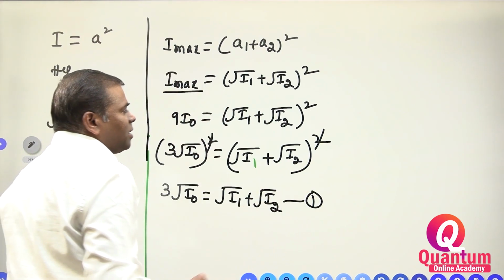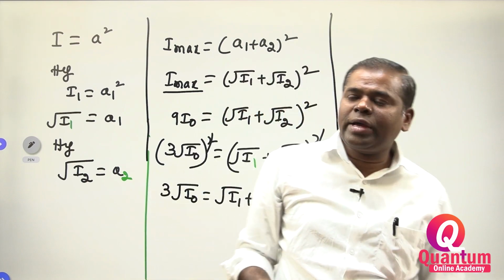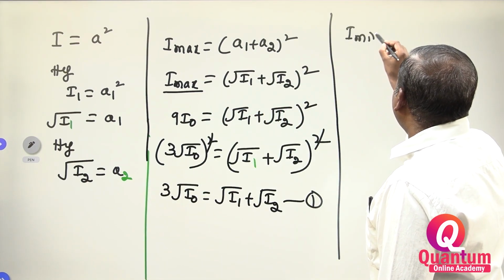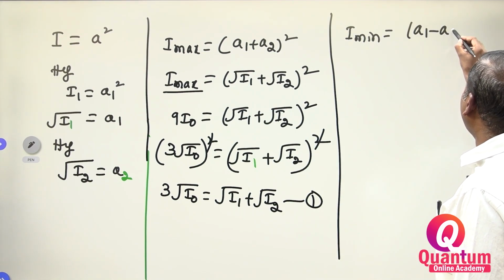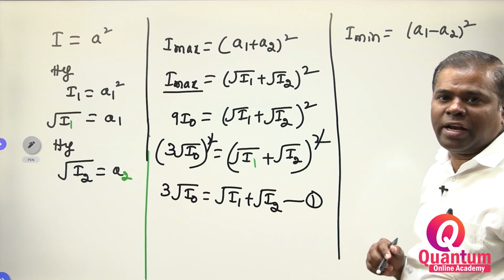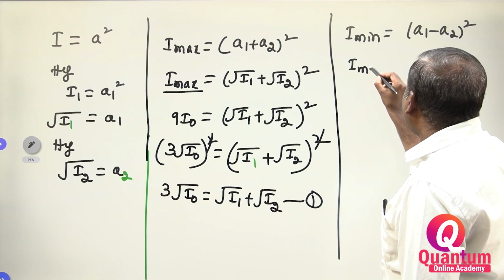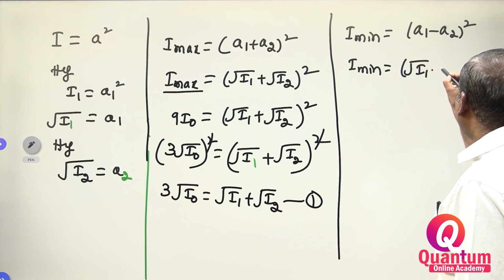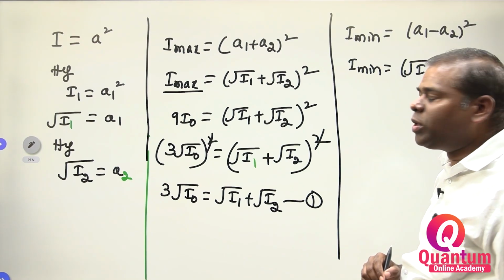Next, similarly, you have to calculate I minima. I minima is equal to (A1 minus A2) whole square. Therefore, I minima is equal to (root I1 minus root I2) whole square.